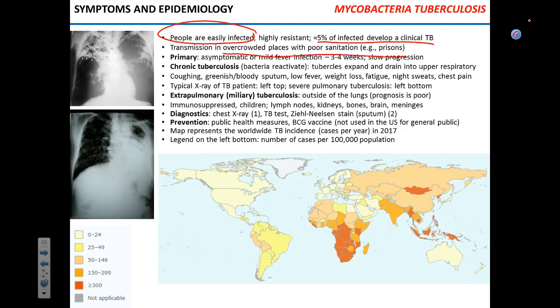So what facilitates the transmission of tuberculosis? Overcrowded places with poor sanitation, especially poor air quality, poor air circulation. Places like prison are especially at high risk. If you look up something like tuberculosis in Russian prisons, it's a huge problem.